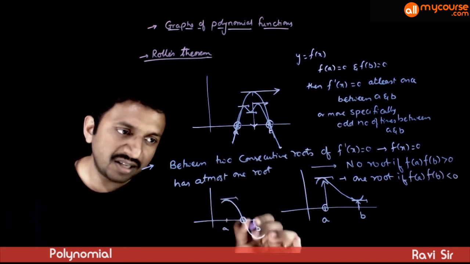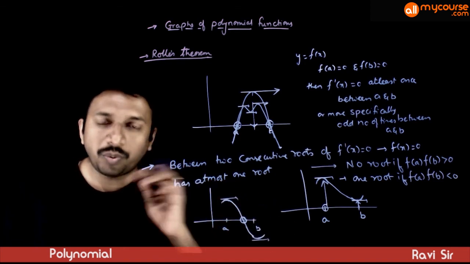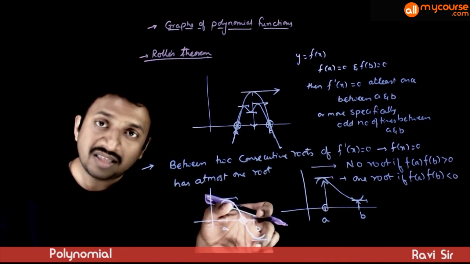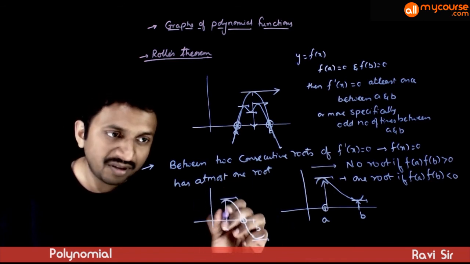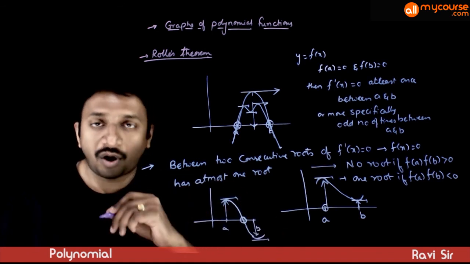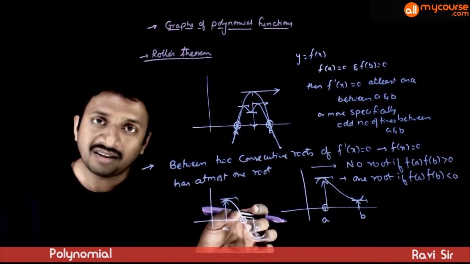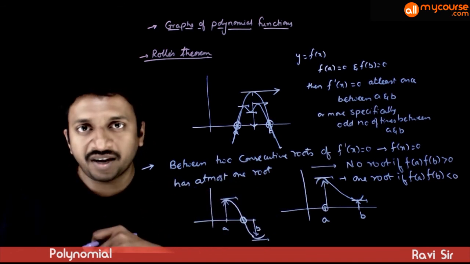If f dash of x is equal to 0 at 2 points, such that these 2 points have functional values of opposite signs, then you have exactly one root between a and b.